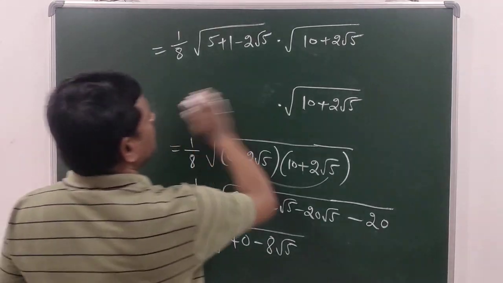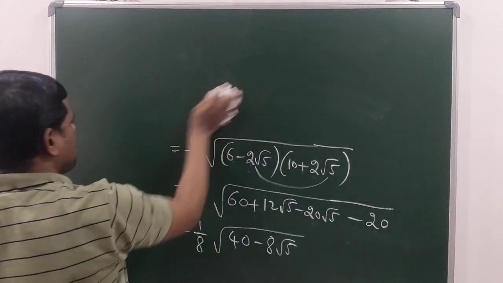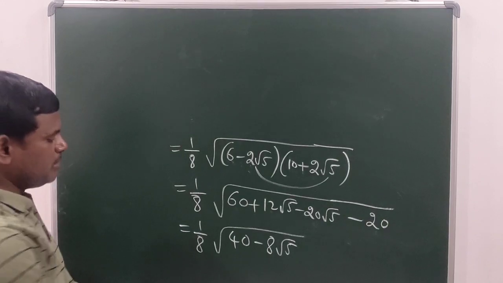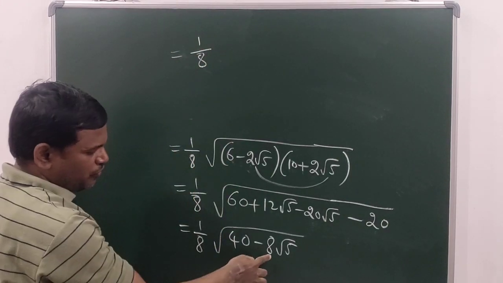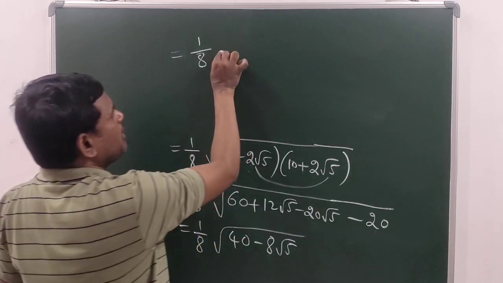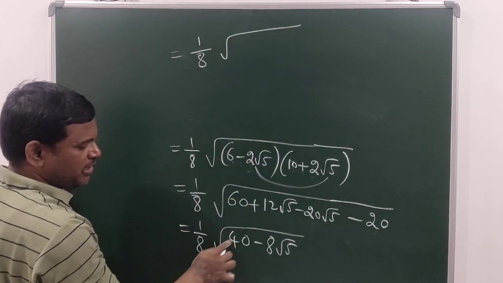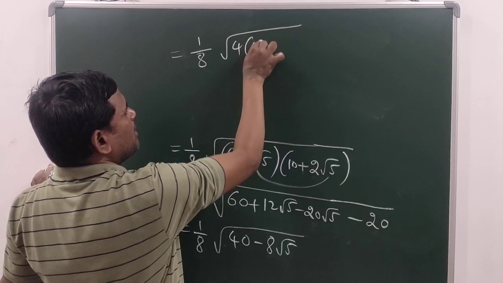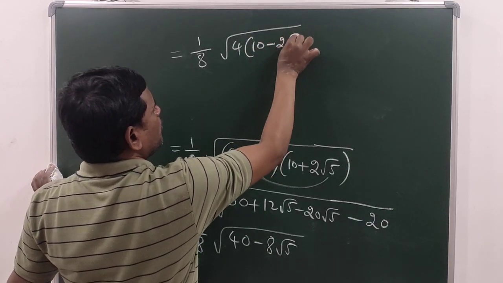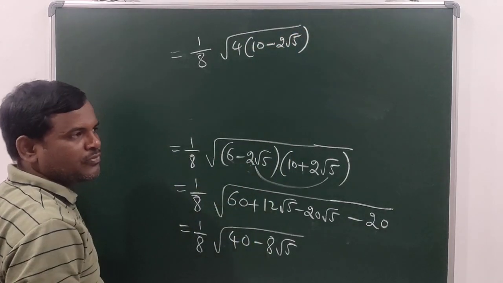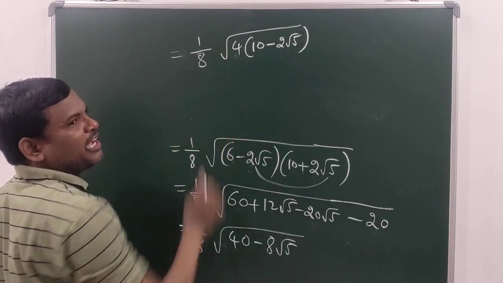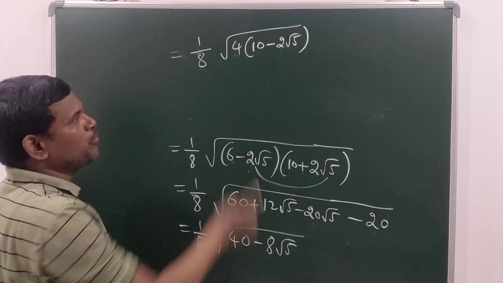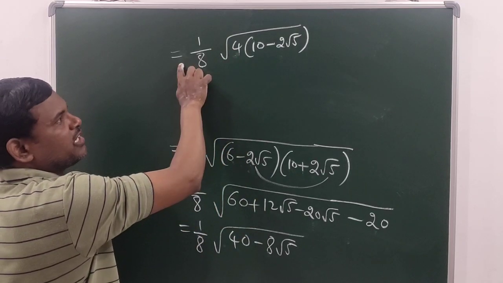So in the next step, what do you write? Here 1 by 8. From here and here, what can you take common? You can take 4 common. When you take 4 common, here 10, here 2 root 5 will be left. Again, root of A into B can be written as root A into root B. I am taking this 4 outside of the root.